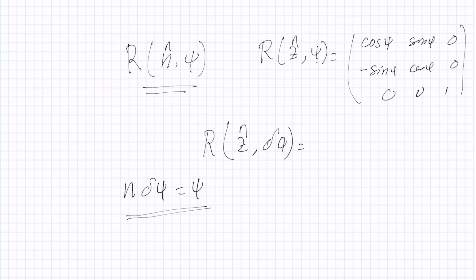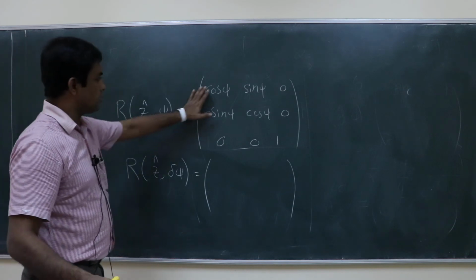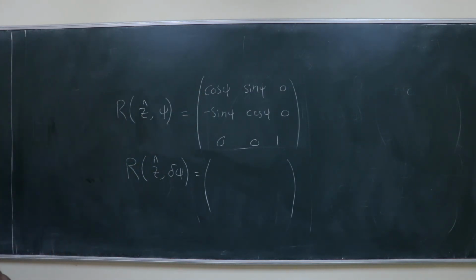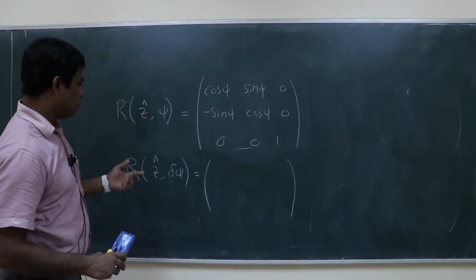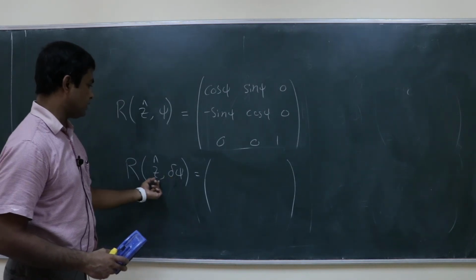Okay. So now for our calculation purpose we will do an infinitesimal rotation delta psi, and then we have to write down this matrix. So that is our idea. So rotation about the z axis is this only, so there is no issue with that. So I am now saying that you are making a very small infinitesimal rotation about z axis, which is delta psi.